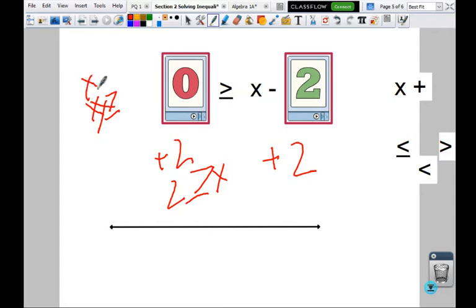So we have x, and then we flip our inequalities. It started off pointing to the x, it's going to stay pointing to the x. Now we can graph it. If you don't flip it, your arrow's going to go the wrong way.